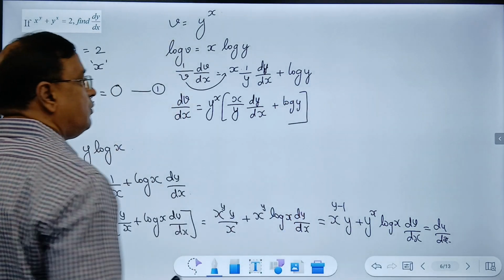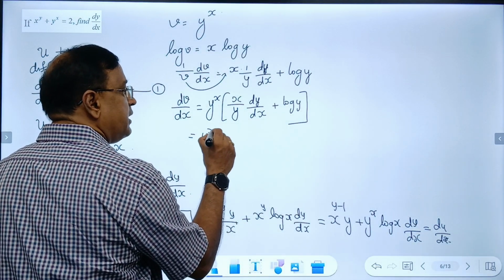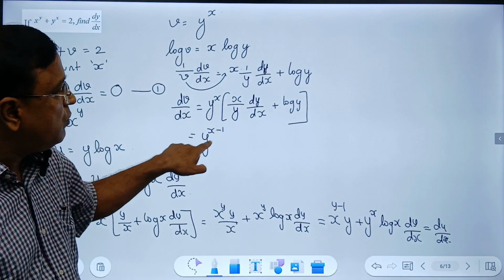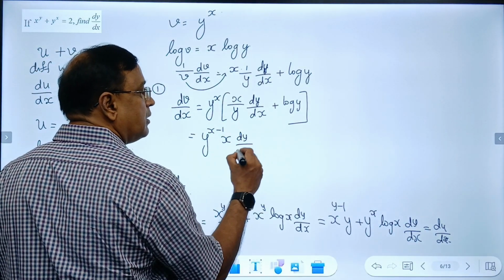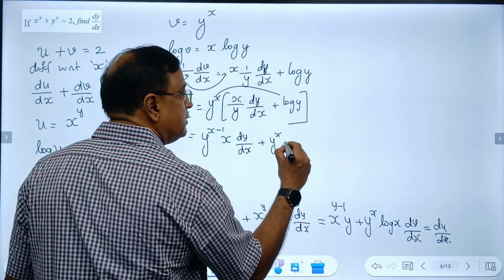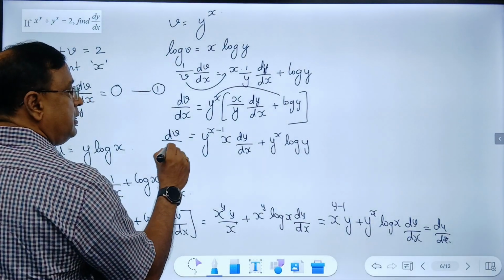Okay, straightforward. Now just open the bracket. If you open the bracket, I get y^(x-1), just like this. y^x by y will become y^(x-1), x into dy/dx, plus again multiply, y^x into log y. So this is my dv/dx.